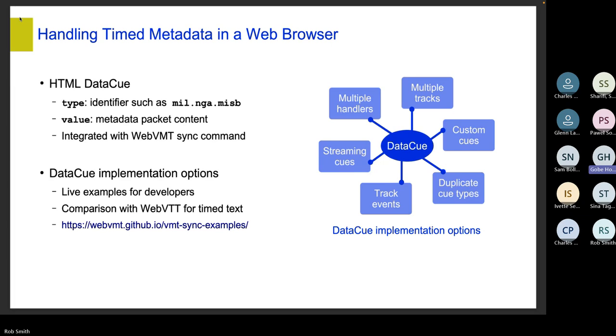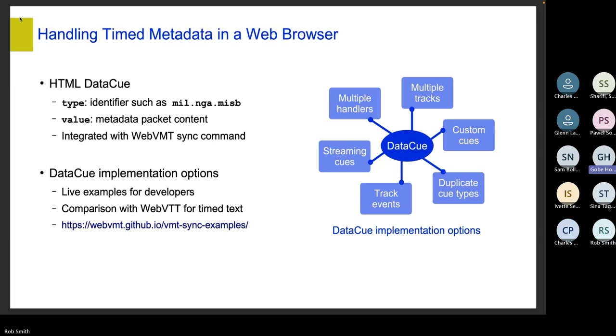And there are several other choices available, such as whether to stream different cue types in a single metadata track or have each cue type in a separate metadata track. Some options work well for particular use cases. This might seem a bit of a huge choice, bewildering. So there is a VMT sync examples repo which explores these implementation options with working examples.